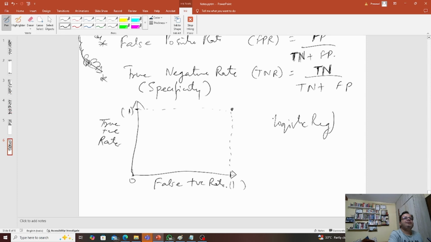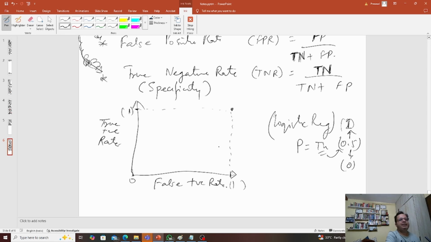In case of a logistic regression, your output is always a probability, and then you find some kind of threshold, in most cases let's suppose 0.5. If the value is above this threshold, you mark that as class 1. If it is below this threshold, you mark that as class 0. But you can have multiple values of this threshold.